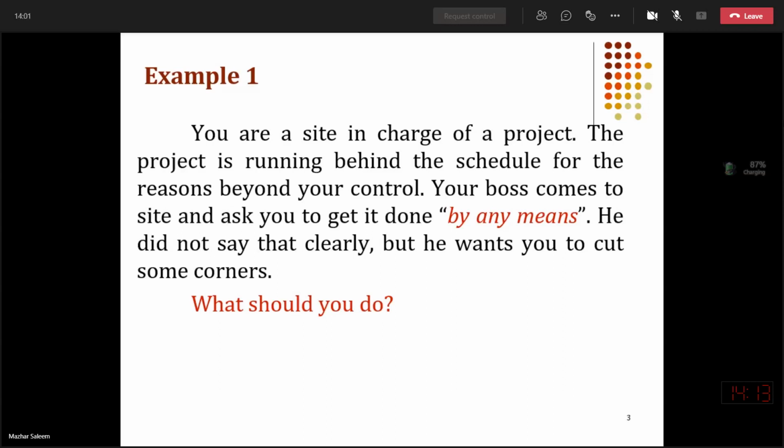So in both the conditions, in one case you will be compromising your self-interest, and in the other case you will be compromising your duty and your moral responsibility of completing the work with all its requirements. So whatever you choose, you will be compromising on some of the ethical principle. And this situation is again an example of an ethical dilemma.